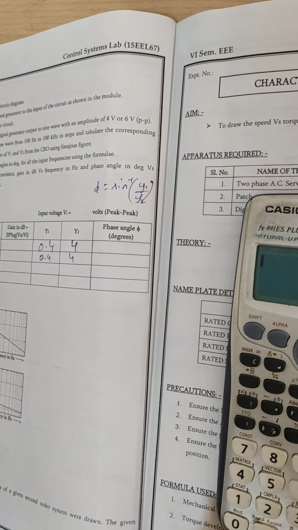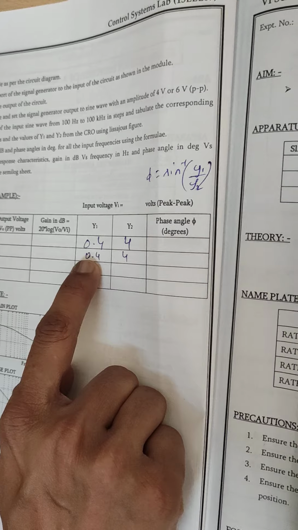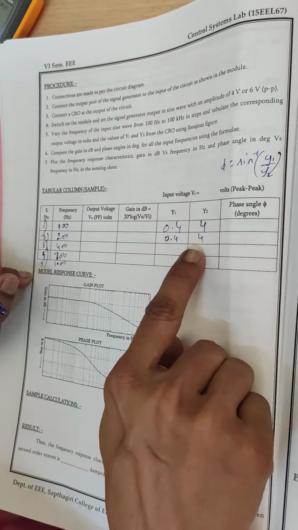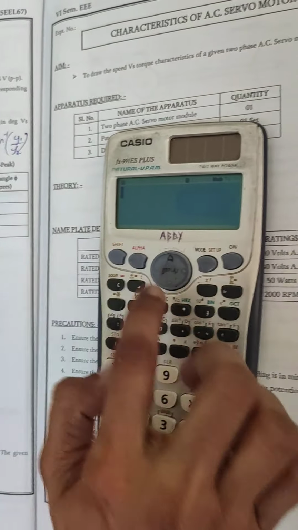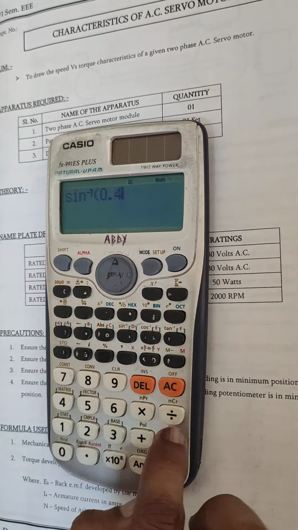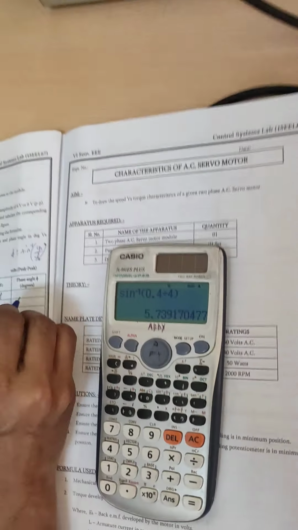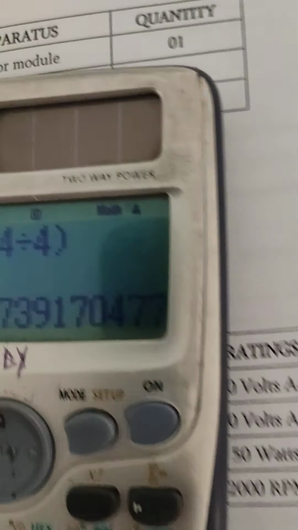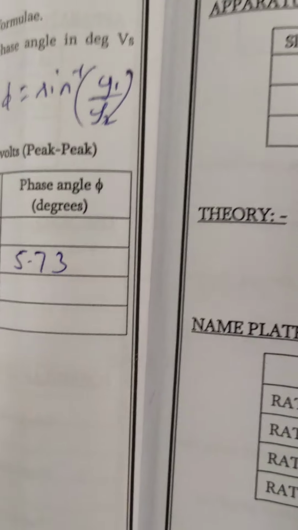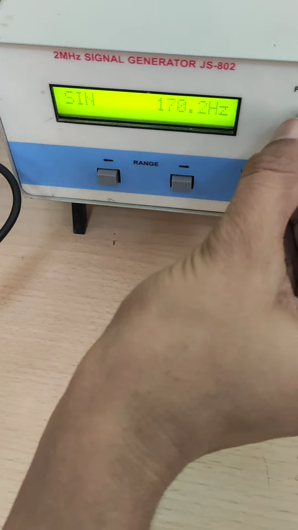We'll calculate the phase angle. Y1 is 0.4 for 200 Hertz, Y2 is 4. So phi is sine inverse of 0.4 divided by 4, and you'll get 5.73.